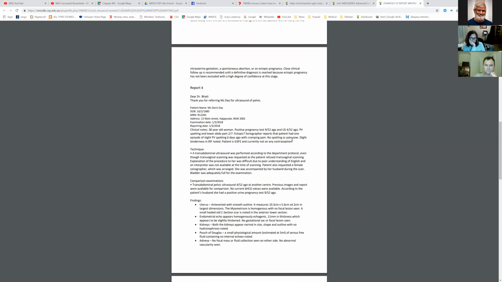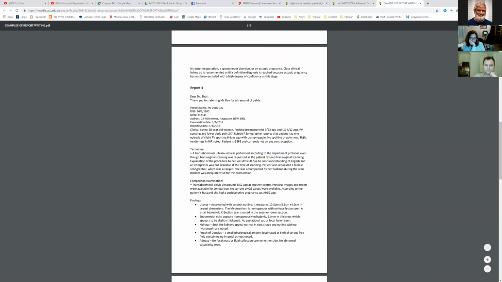There is a slight, I would not use the word slight, tenderness is tenderness. Tenderness in right iliac fossa is noted. Patient is G3P2 and currently not on any contraception.